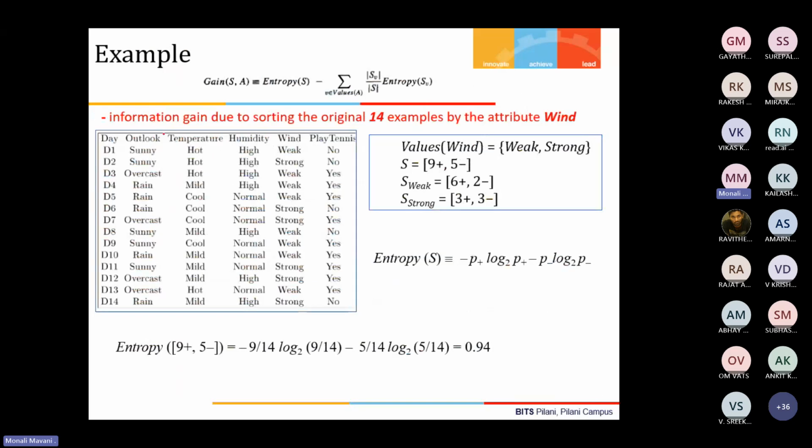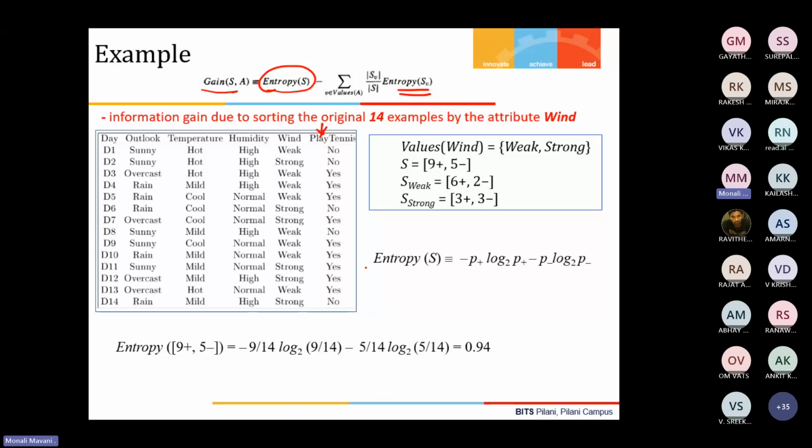So this is my information gain formula. First, we will calculate the entropy of the parent, that means the entropy of my class variable. And then we subtract the sum of the entropy of each child. So how do I solve this?